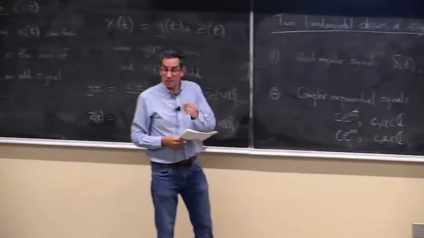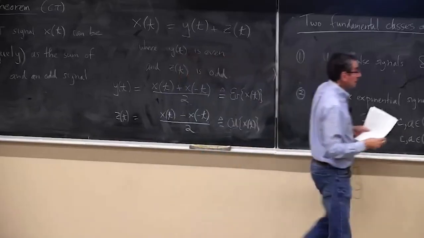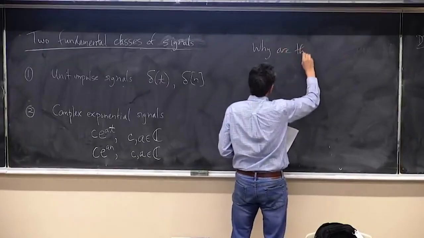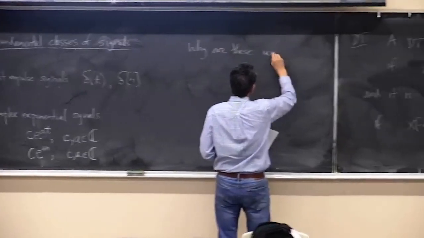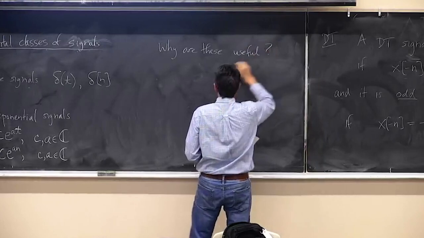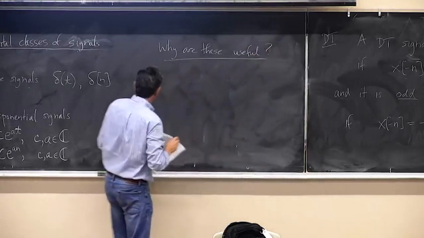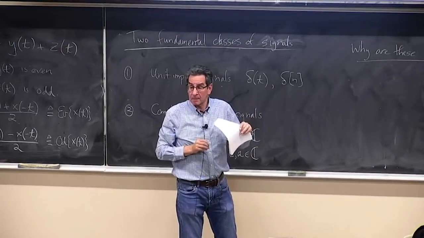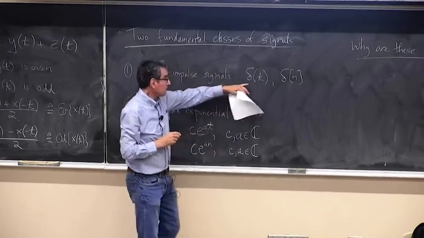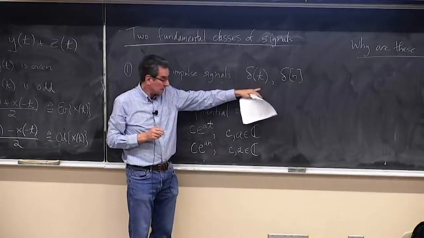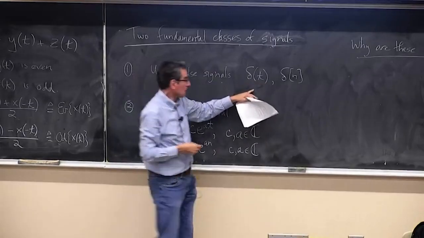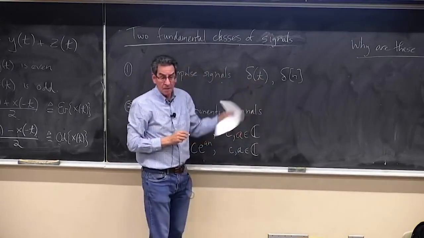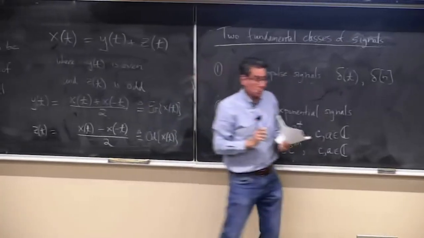Now, why are these useful? The reason is that we can represent lots and lots of general signals as linear combinations of these signals and some variations on them. In particular, you should think of delta of t in terms of its possible time shifts as well.